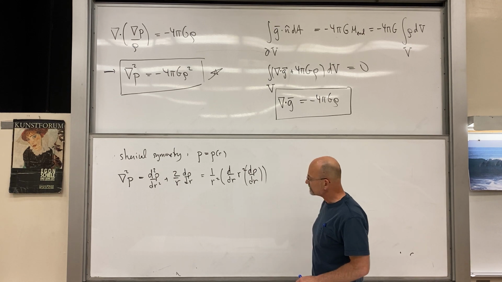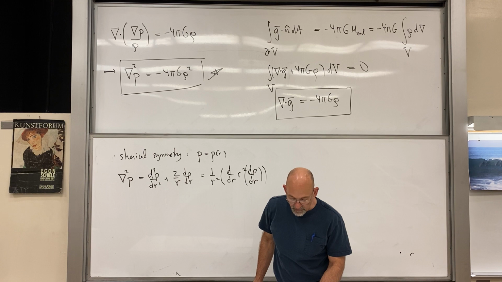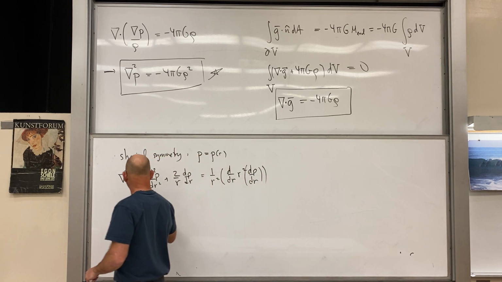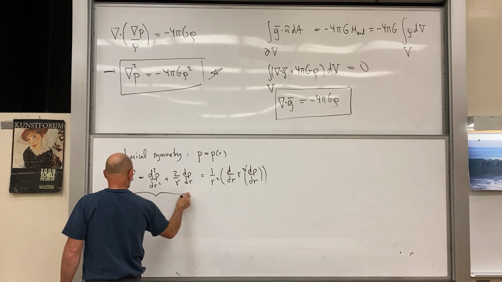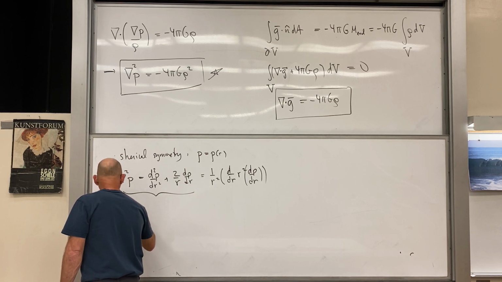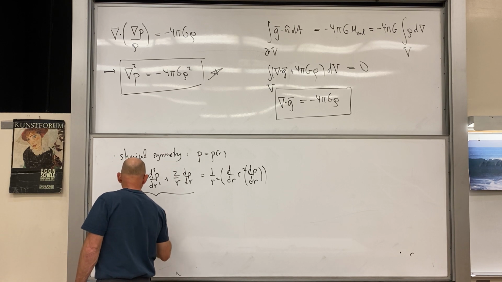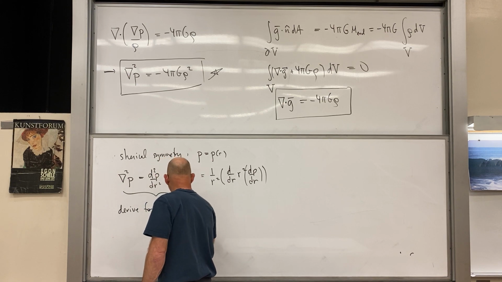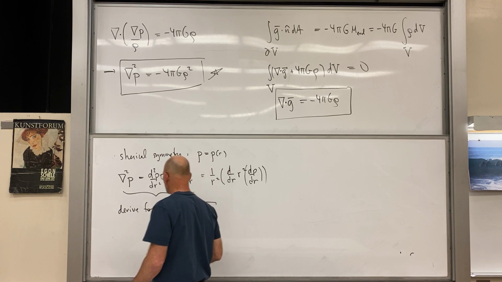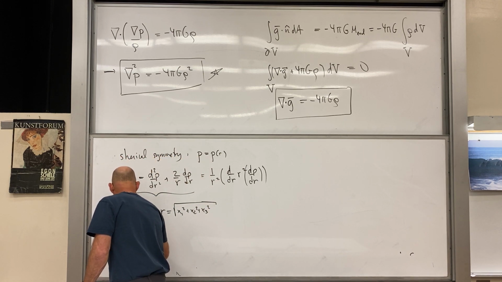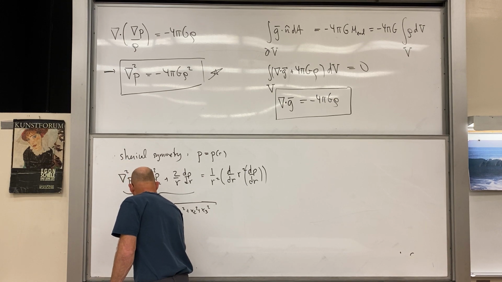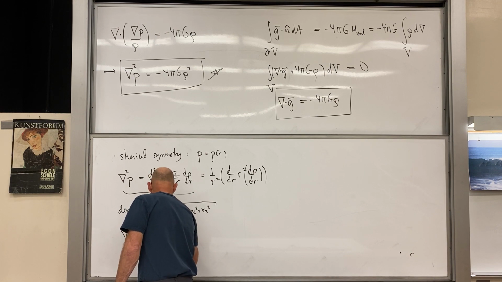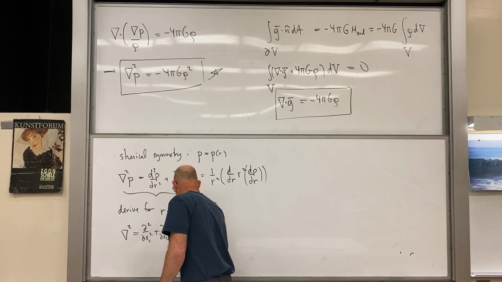If you wanted to derive this first one here, how would you do that? We're looking at r equals root x1 squared plus x2 squared plus x3 squared, and del squared equals d squared dx1 squared plus d squared dx2 squared plus d squared dx3 squared.